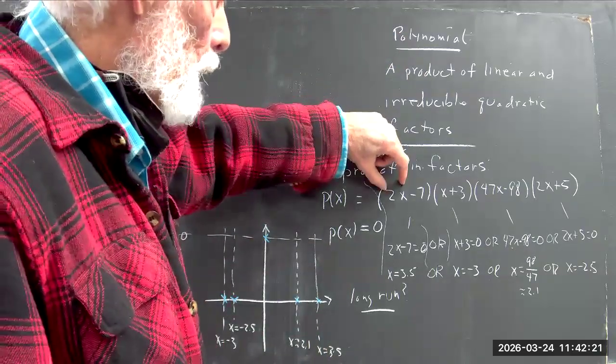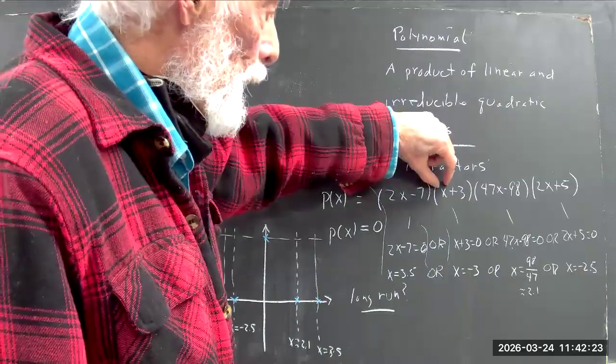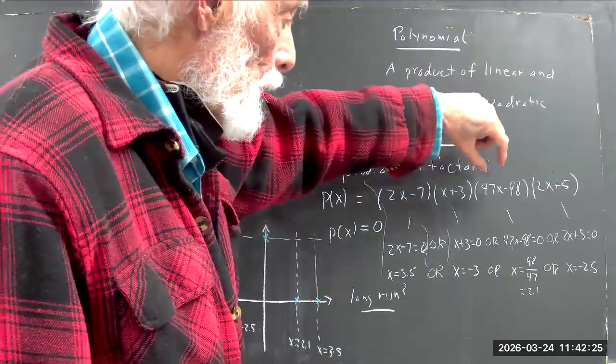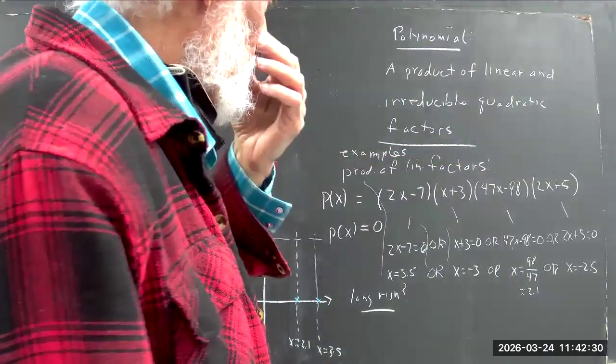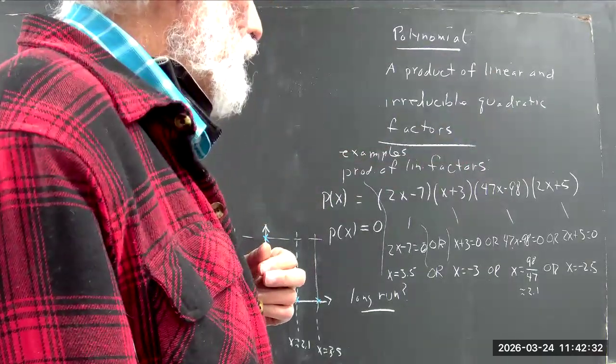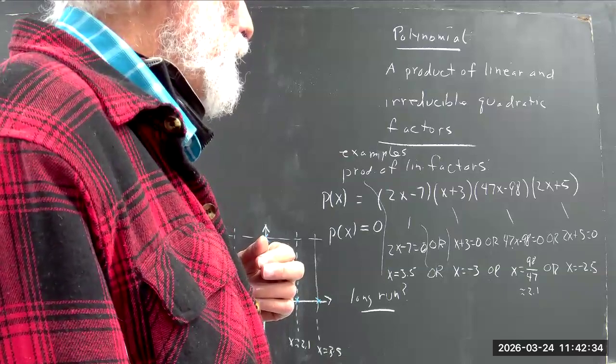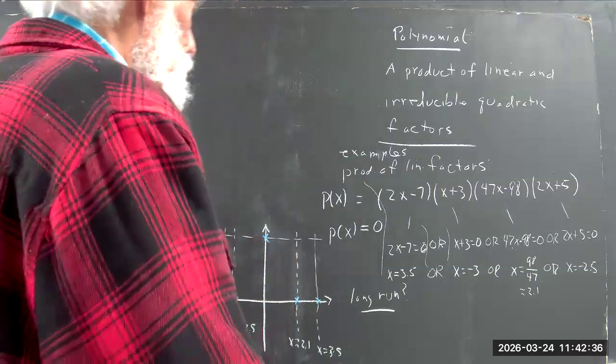At some point, I'm going to be multiplying 2x by x and multiplying that by 47x and multiplying that by 2x. Okay? That should give me 188x to the fourth.